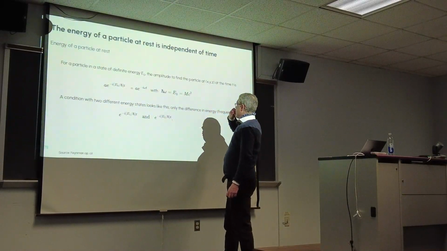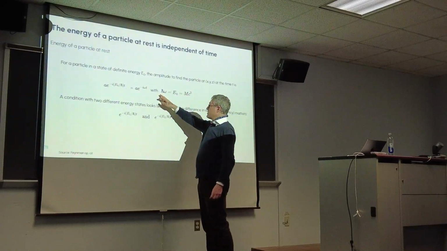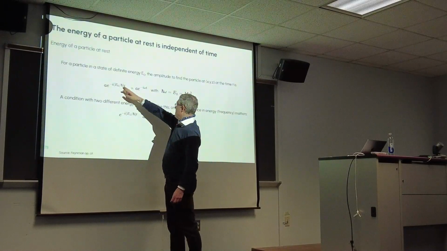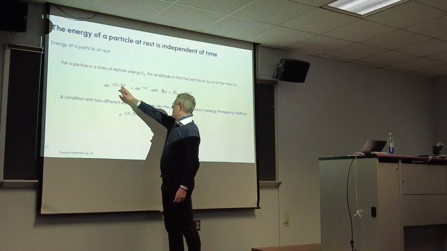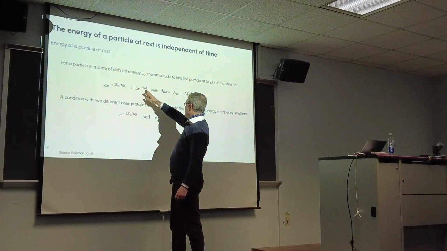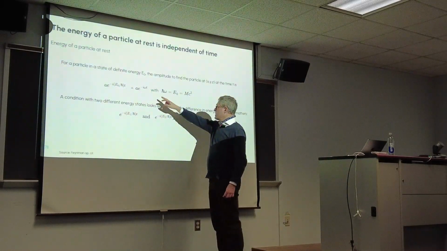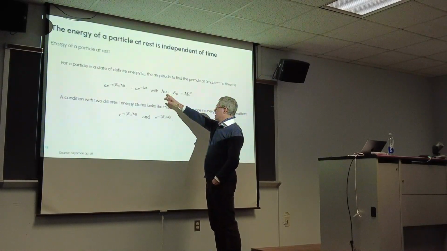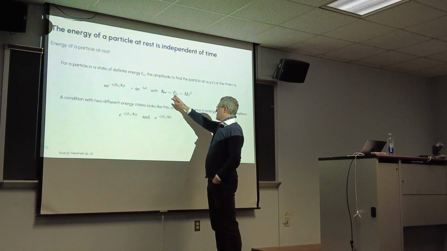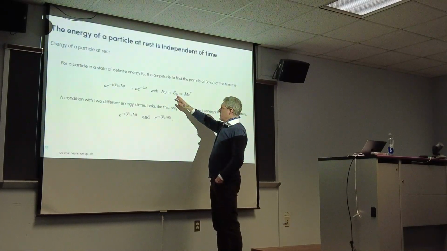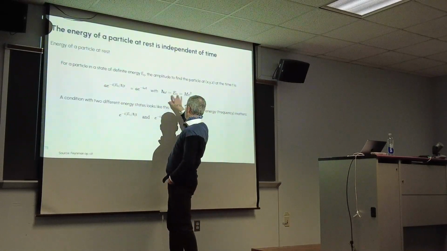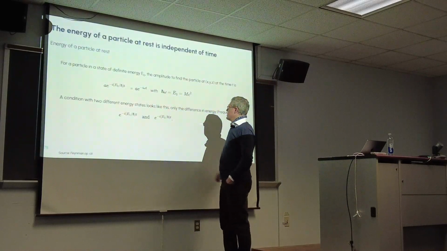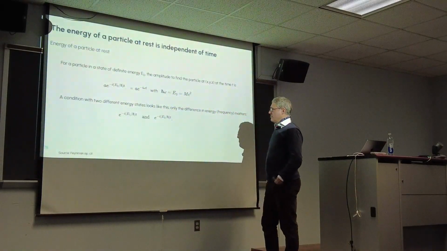And this E0 divided by the Planck constant equals the angular frequency, so the angular frequency times the Planck constant is the basic energy. If we plug this in here, the two Planck constants cancel out, therefore we don't have a Planck constant here. And this base energy is the mass times the square of the velocity of light.